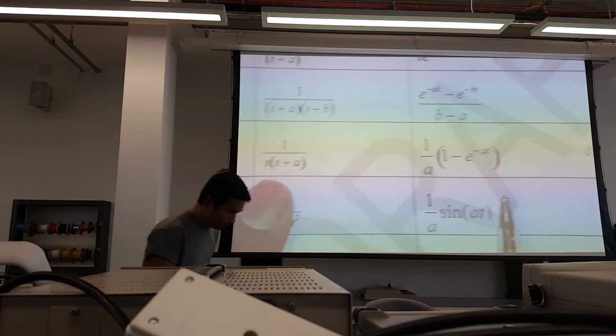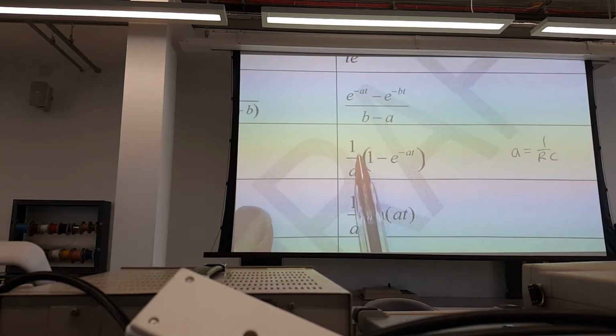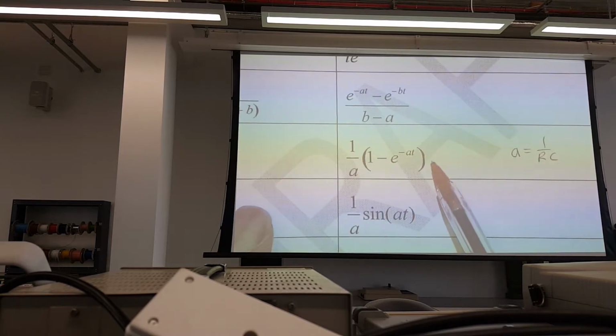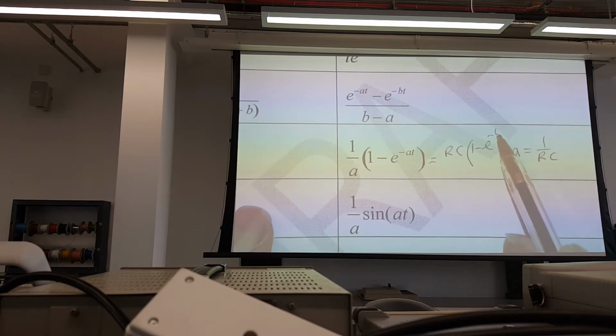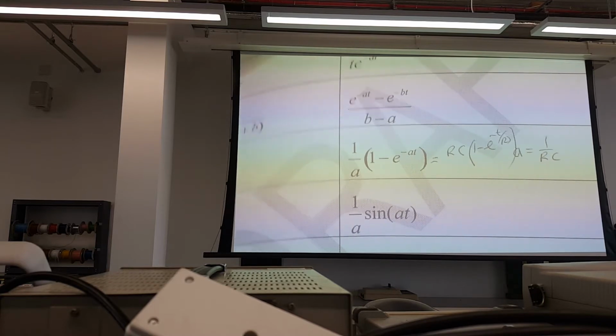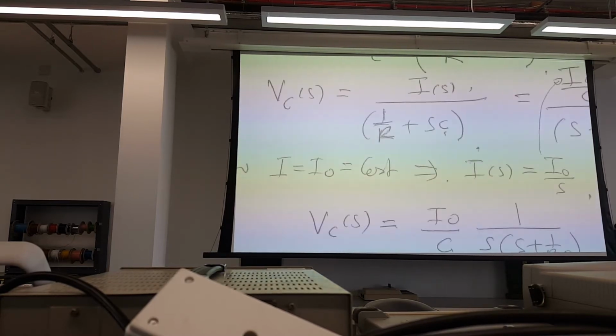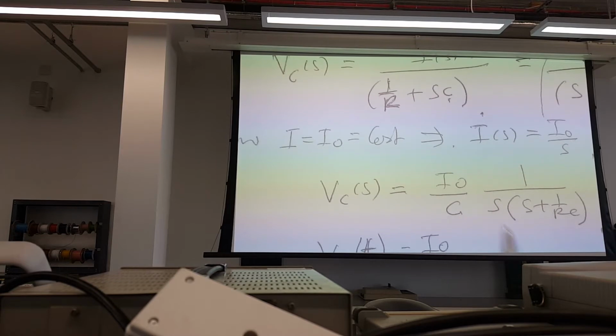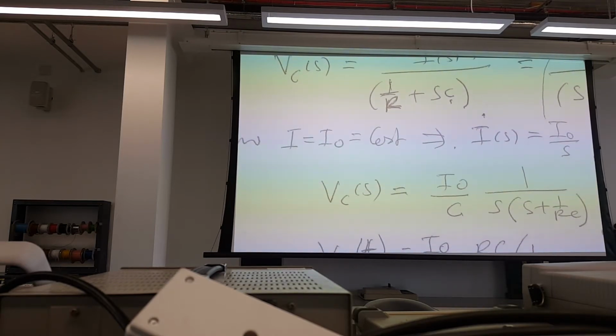If you put A equal to 1 upon RC in here, you get this equals RC into 1 minus e to the minus t over RC. That's what you get in there. And so we can do that here, and what we will get here is RC, like that, into 1 minus e to the minus t upon RC.